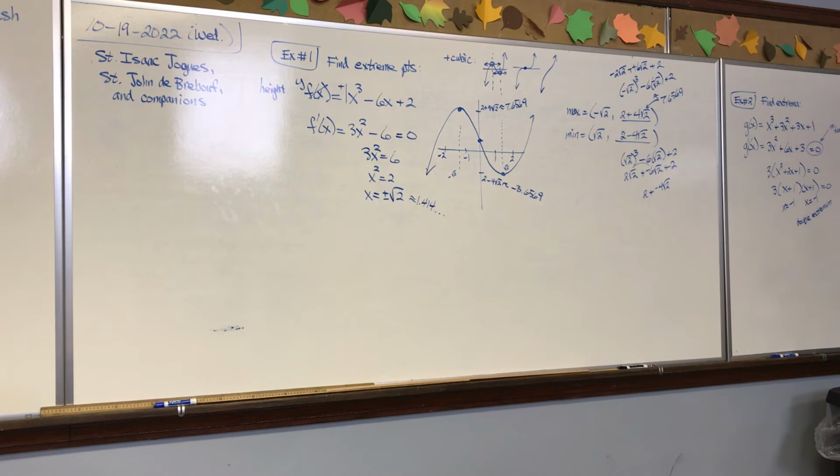So here's what it tries to do. What this thing wants to do is glide up, then glide down, then glide up. That's a normal cubic. It hits a max, then a min, then it keeps going. Let's say this is x equals negative 2, and this is x equals 2.